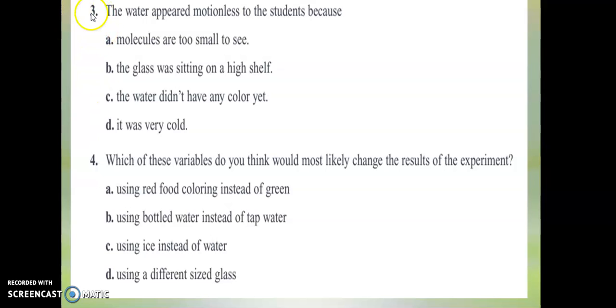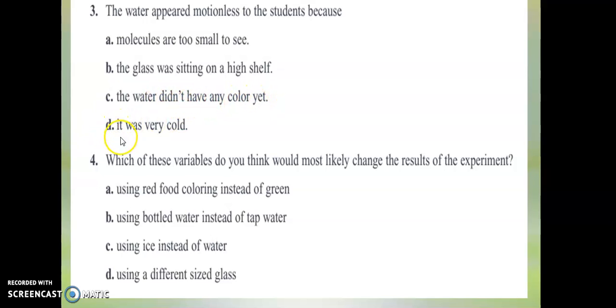Number 3. The water appeared motionless to the students because, option A, molecules are too small to see. Option B, the glass was sitting on a high shelf. Option C, the water did not have any color yet.